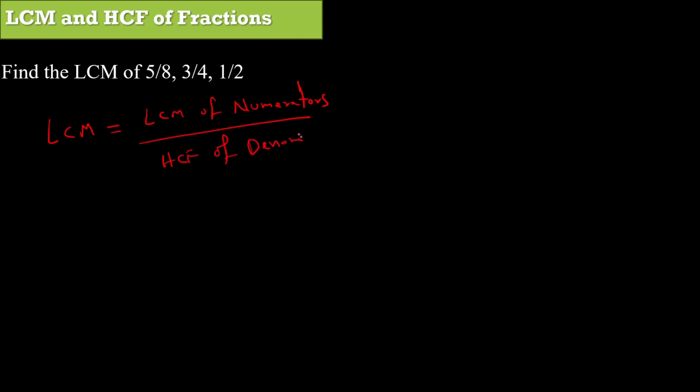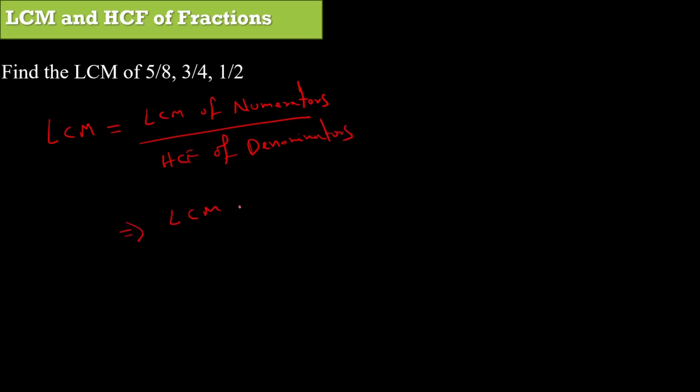So LCM and HCF of fractions. How to find out LCM and HCF of fractions? So we have a formula for that. LCM of fractions formula is LCM of numerators by HCF of denominators. Okay. Now what we need to do?